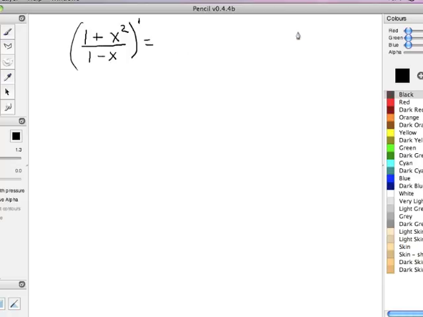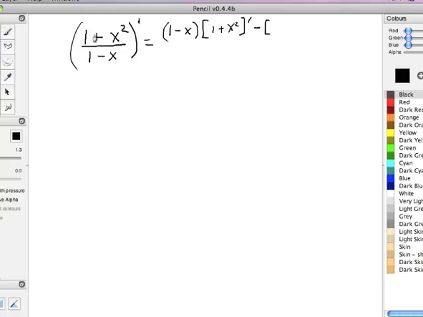So I'll write it out step by step. We're taking the derivative, so it is the low, or bottom, or denominator, times the derivative of the numerator, and I'll just write that as (1 plus x squared) prime. Okay, so that's low d high, minus high, right?